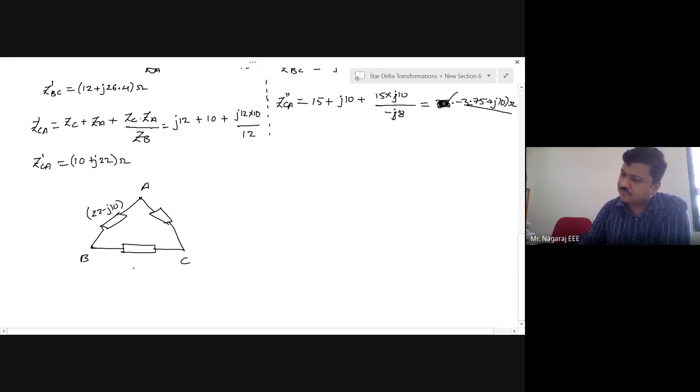ZBC dash is 12 plus J26.4. And ZCA dash is 10 plus J22. Okay. Then here one more delta formation.